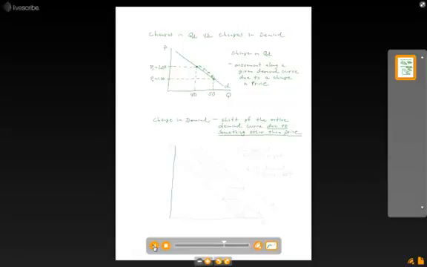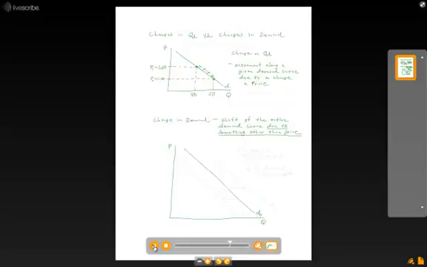If we're starting off and we have a downward sloping demand curve, so here is our quantity here, and here's our price, what we're going to want to start doing now is marking our demand curve with a D sub 0. So that means that's a time period 0, so that's the initial demand curve that we're dealing with.